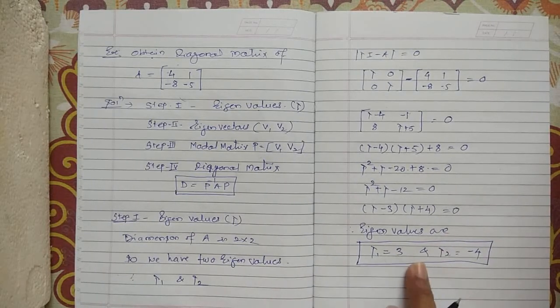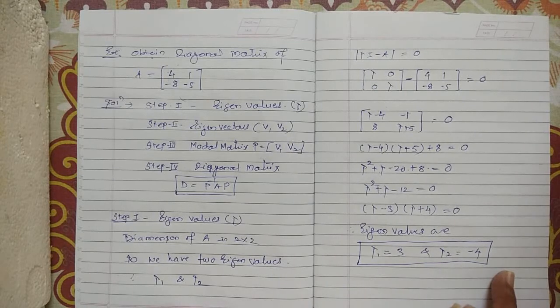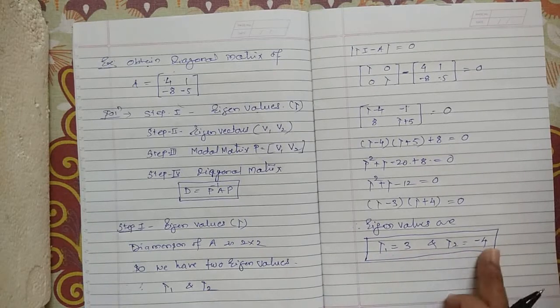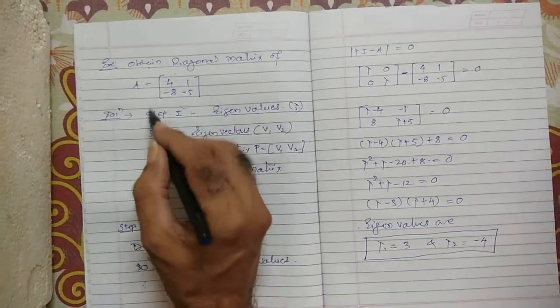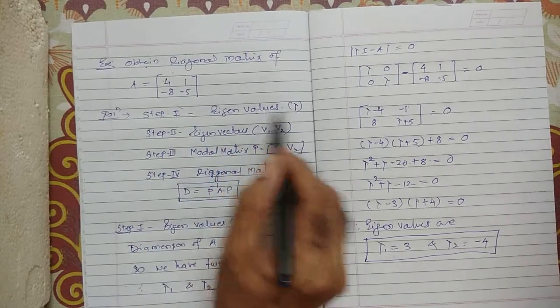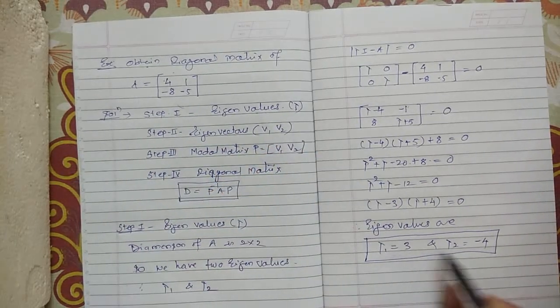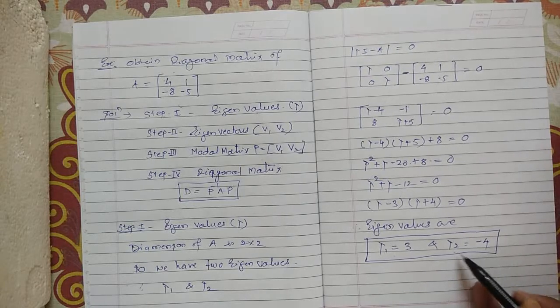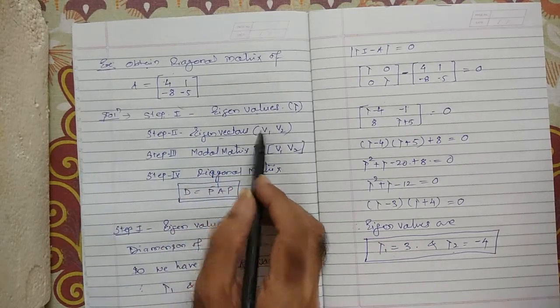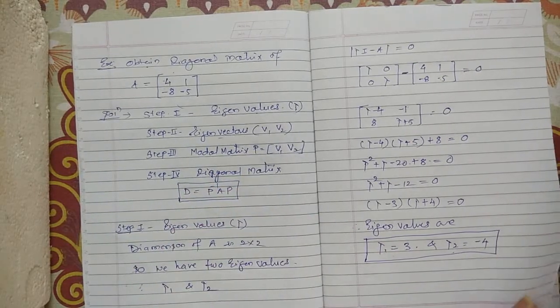Now we have the eigenvalues. Step 1 we have calculated: lambda 1 equals 3 and lambda 2 equals minus 4. From these values we will now calculate the eigenvectors in step 2.